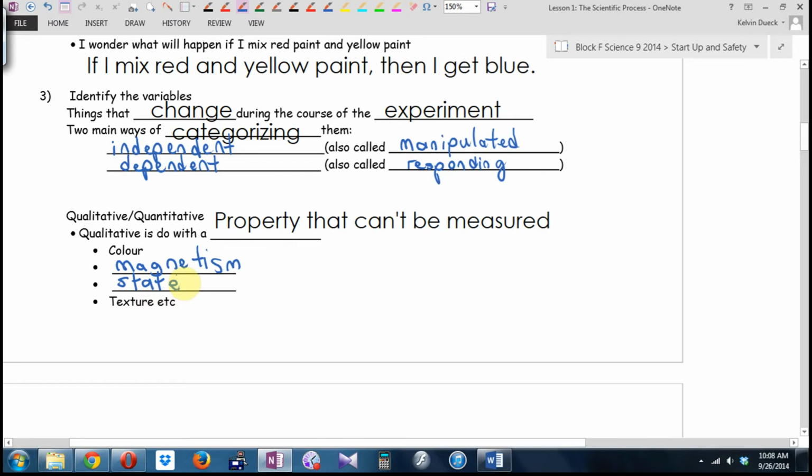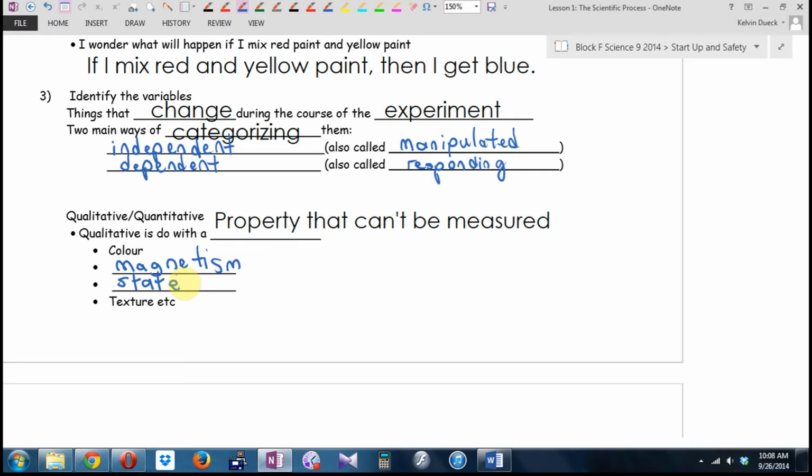The state of an object. Now, that's a word you learned last year. You learned that there are 3 states of matter. That's a lie, by the way. There are 3 main states of matter, but there are other weird, funky states that we can create. Who remembers the 3 main states of matter? I'll give you a hint.